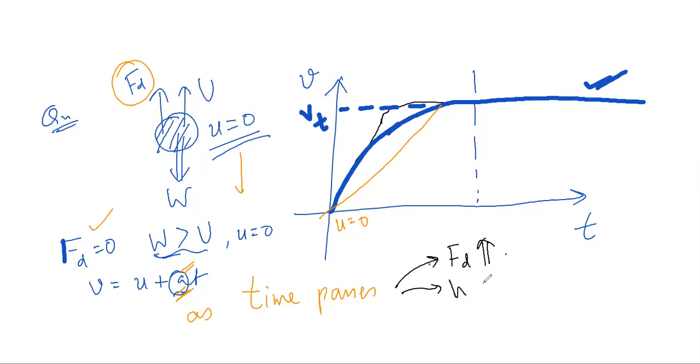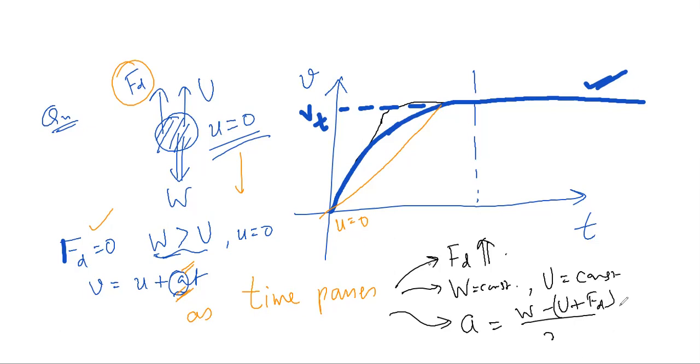In that meanwhile, W is constant. There is no change in it. U is constant. There is no change in it. But what is changing is acceleration is equal to (W minus U plus Fd) upon m. So this particular thing is changing. That means acceleration is increasing up to a certain time.